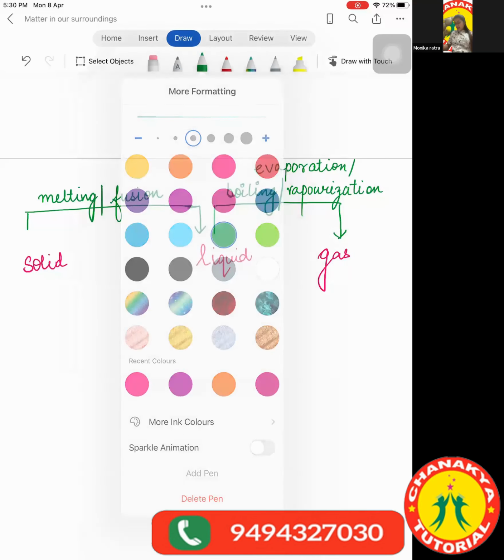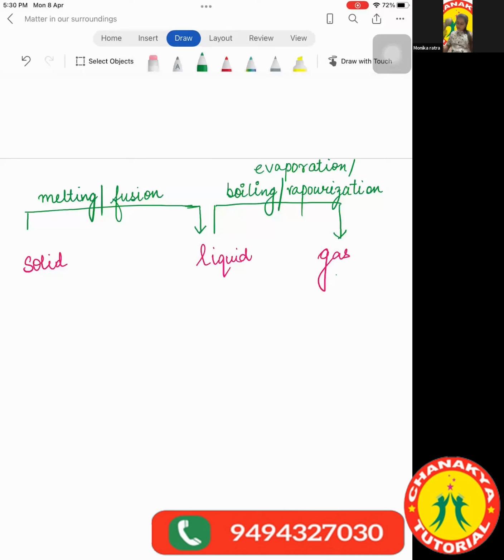Let us come to the next, the reverse of this, conversion of gas to liquid. So when gas gets converted into the liquid state, it is known as condensation, or we also call this liquefaction.